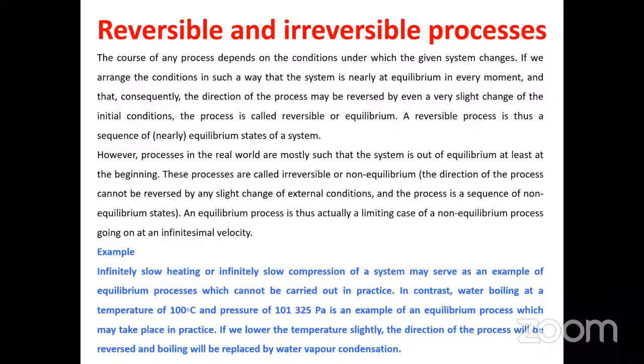An equilibrium process is thus actually a limiting case of a non-equilibrium process going on at an infinitesimal velocity. That's at every little moment. So let's look at an example here.